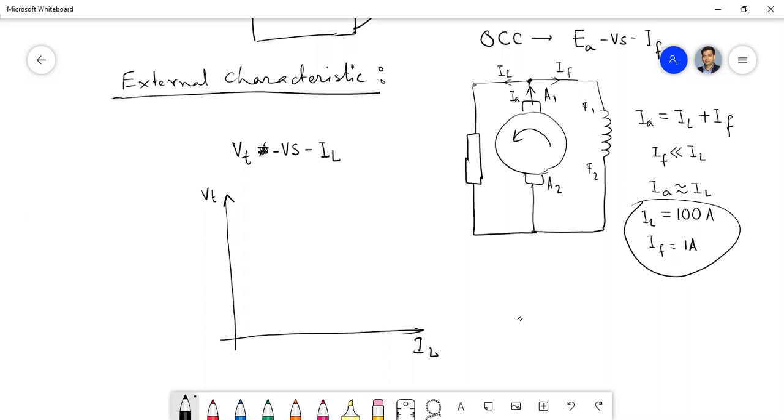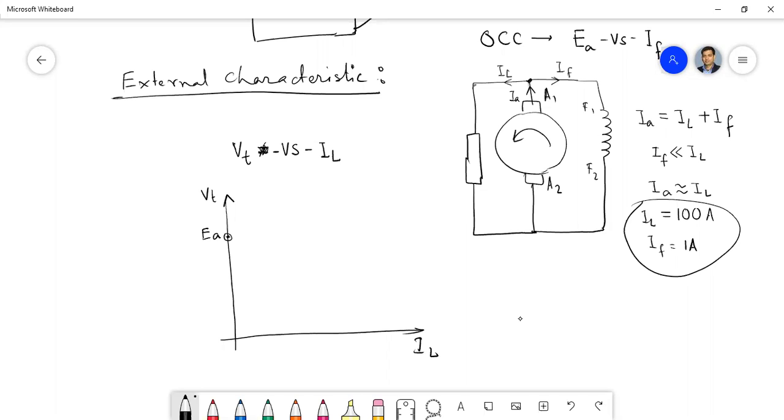Okay, so that is the point corresponding to the stable voltage point of the OCC curve. So this is the EA. That is the stable voltage point in the OCC curve, from where the external characteristics starts. So the starting point of the external characteristics is basically the stable voltage point of the OCC curve.